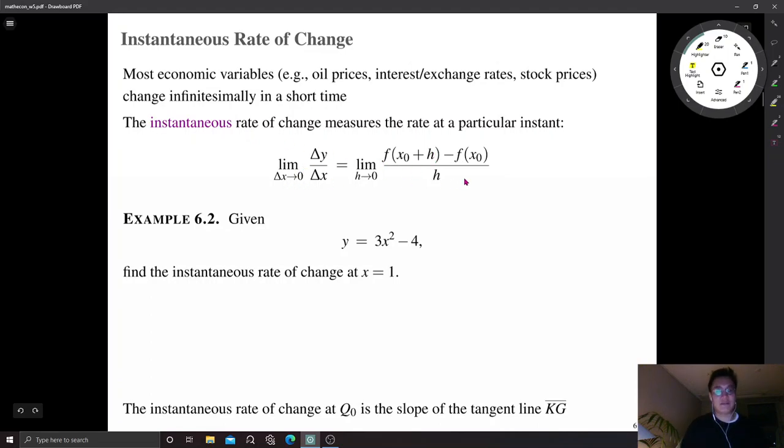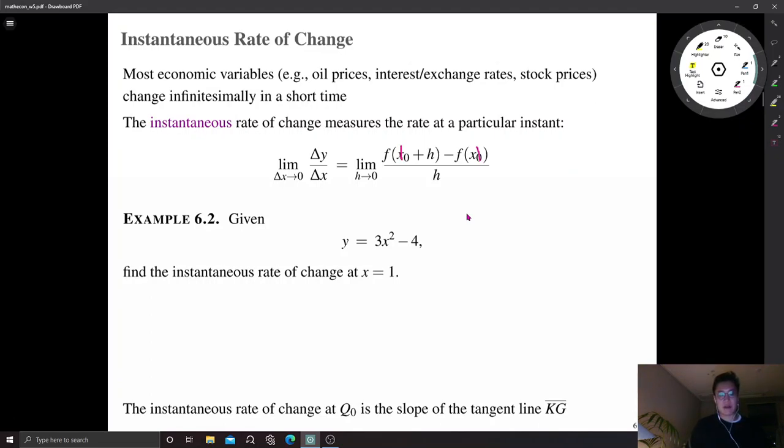Okay, so just for exercise, given this nonlinear quadratic function, if we find the instantaneous rate of change at x equal to 1, then we can simply put in 1 for x naught, because we are looking for the instantaneous rate of change at this particular point. Now we can compute each component in this expression. So f of 1 plus h.